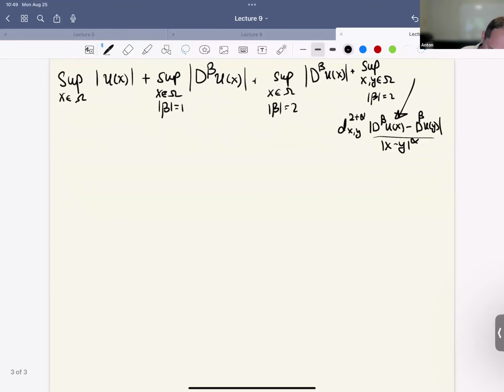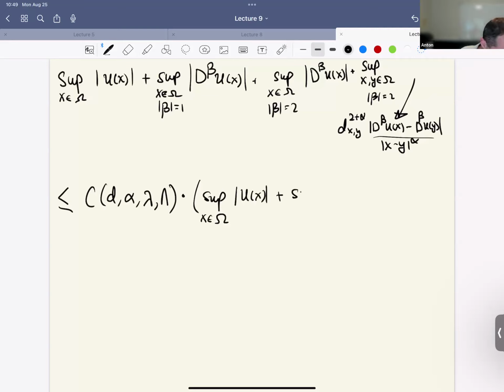This is less than or equal to this constant, which depends only on the dimension, alpha, little lambda, big lambda, multiplied by supremum x in omega of u of x, plus supremum d(x) squared f of x.